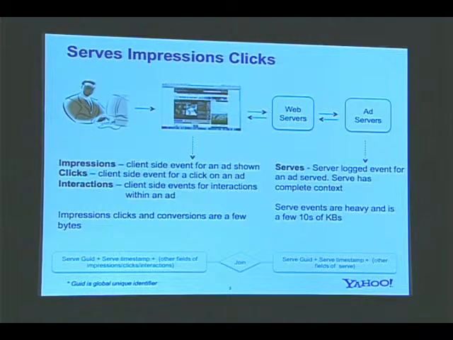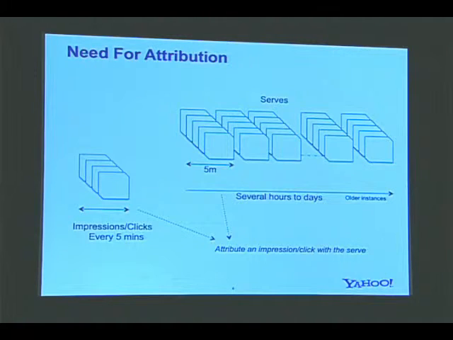That is not sufficient for us to do a lot of analysis. We would ideally want to join whatever we get from the client side to what we emitted from the server side to make complete sense of the picture. That is the reason why we have built a system on these lines. So let's look at the need for attribution.